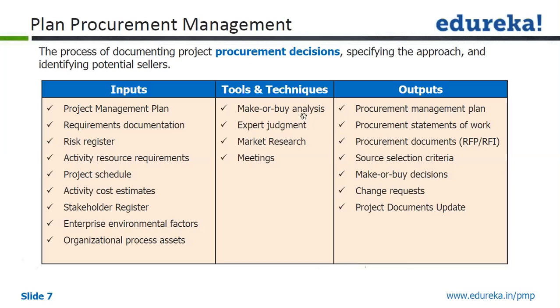Then make or buy decisions, as a part of make or buy analysis, we'll see. There may be some change requests that come out of analyzing these make or buy decisions, and we may perform those change requests. They will go to the appropriate next process, integrated change control. Then project document updates, and that's what we have.